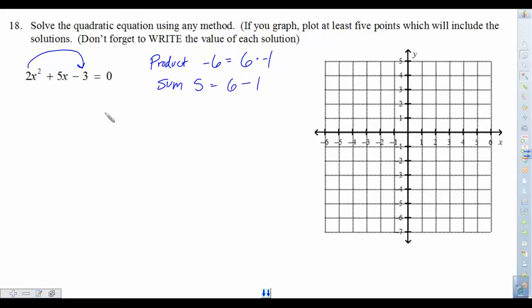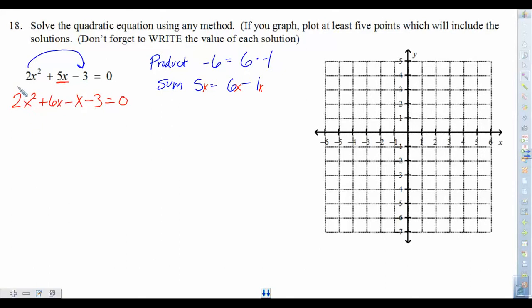And don't forget, because this is a 5x right here, we can get 5x by taking 6x and minusing 1x. So we can rewrite this as 2x squared plus 6x minus 1x, and then minus 3 equals 0.